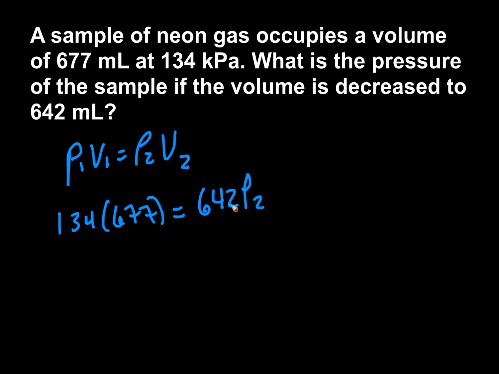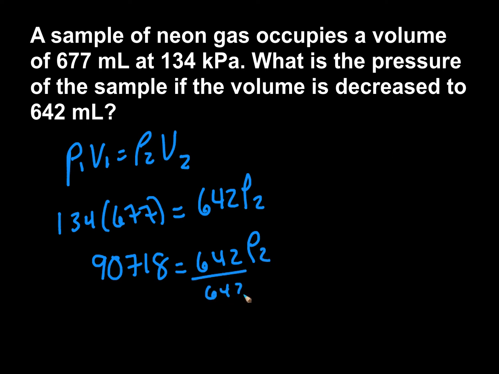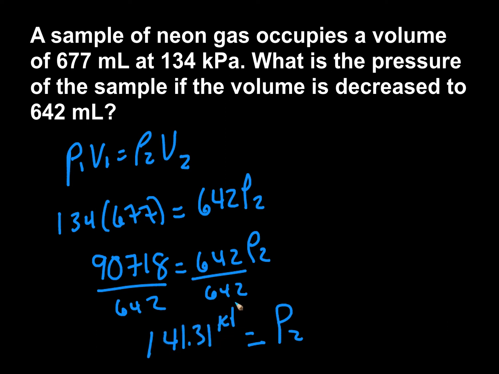So we have 134 times 677, and I get 90,718, which is equal to 642 P2. So divide by 642, and I get 141.31 kPa.